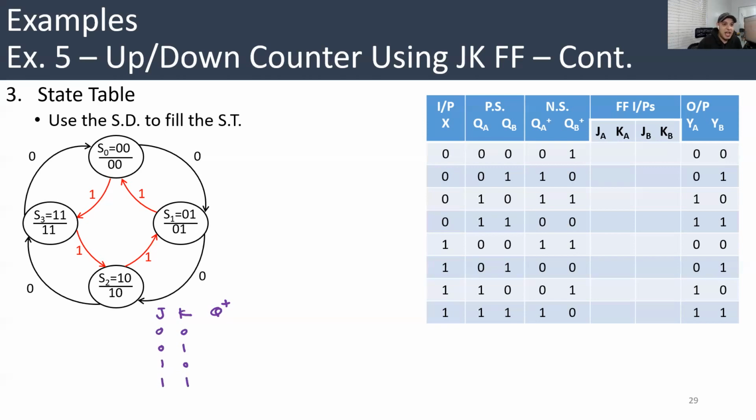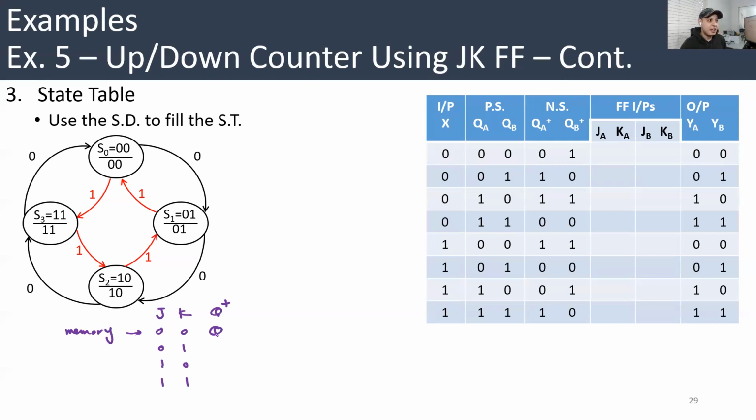What will happen if J and K are both zeros and the clock edge comes to the flip-flop? We said that this is a memory state, which means Q plus will be equal to Q, or Q of t plus 1 will be equal to Q. The output of the flip-flop will not change. If it was 0 before the clock edge, it will still be 0 after the clock edge. It's a memory state, no change.